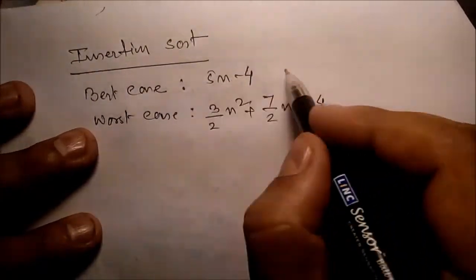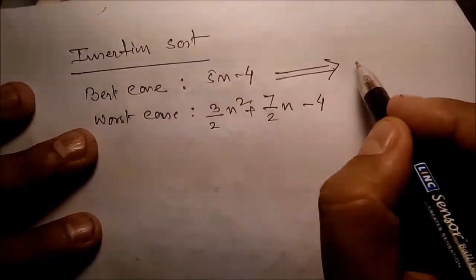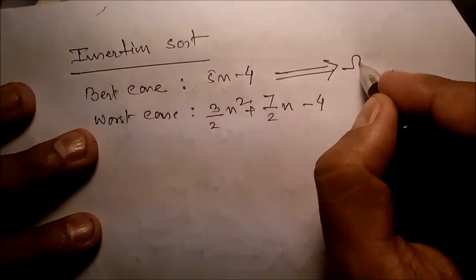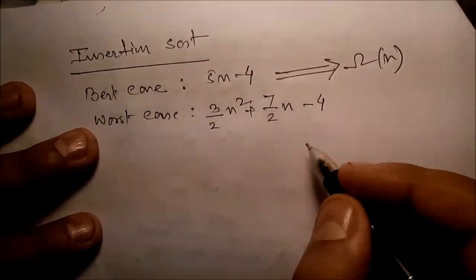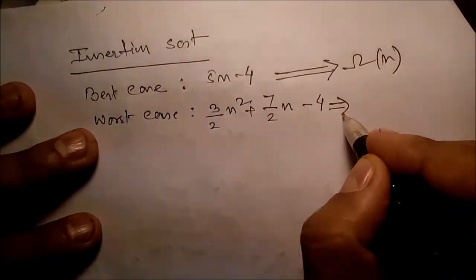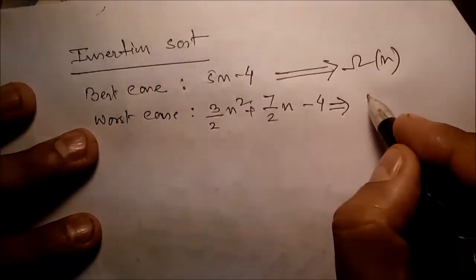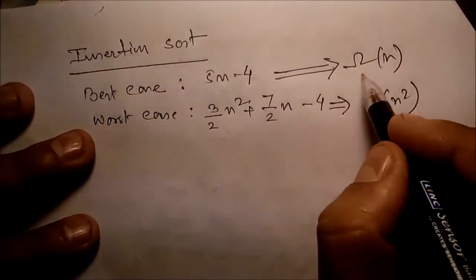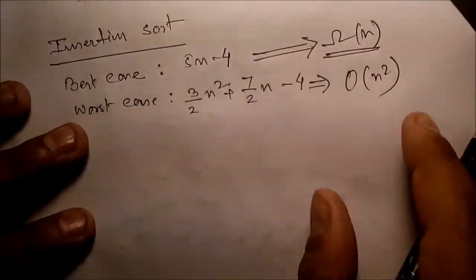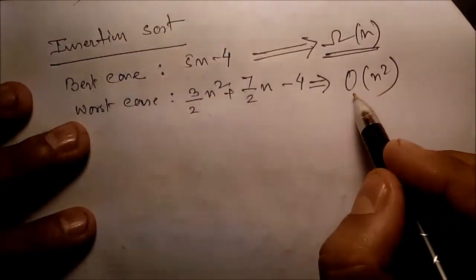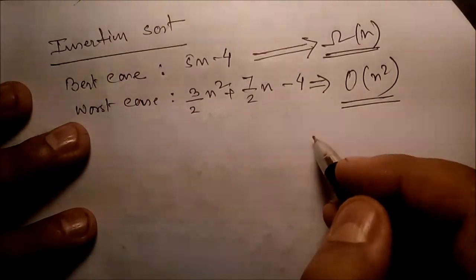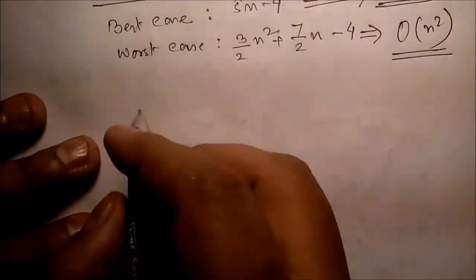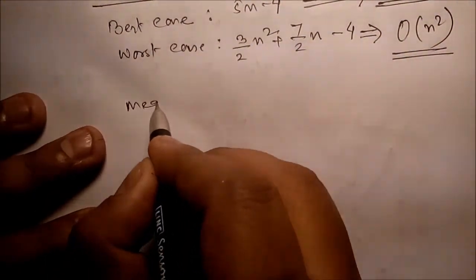For the best case we may write big omega of n, and to represent the worst case we may use big O of n square. So big omega n is the best case complexity, and big O n square is the worst case complexity.